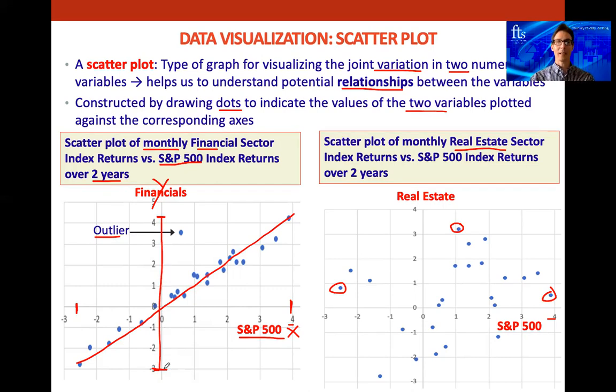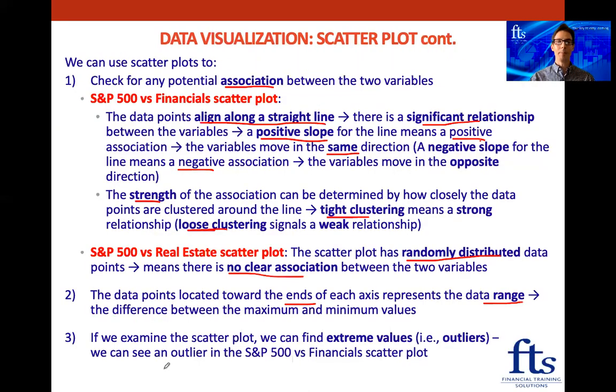Okay, that's fantastic. Another thing we can do, if we examine the scatter plot, is find extreme values, or what we call outliers. You may have spotted one on the previous slide, this one over here.